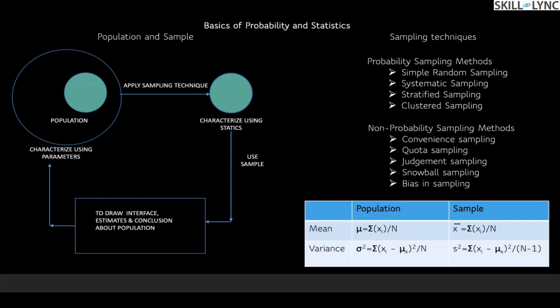To give a simple example, suppose I have one piece of land, and there I have a lot of companies, say 1,000 companies, and I cannot read the data of 1,000 companies.